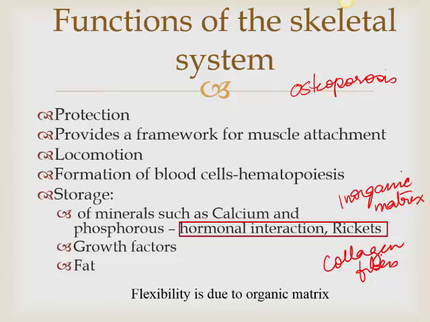It has collagen, which is the organic matrix. And in life, in your body, it actually gives flexibility to the bones. This doesn't mean, of course, that you can bend the bone like a horseshoe. But it allows certain flexibility to the bones. The organic matrix, which is made up of collagen fiber, gives flexibility to bone.